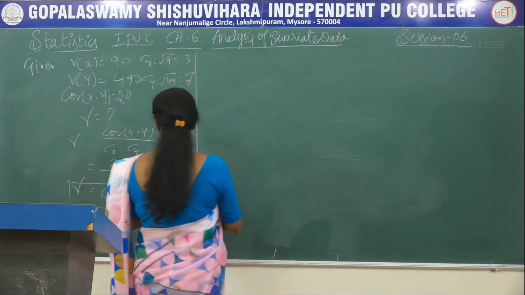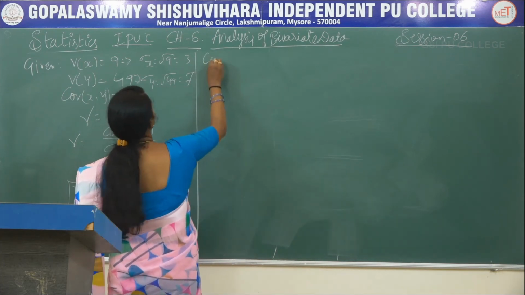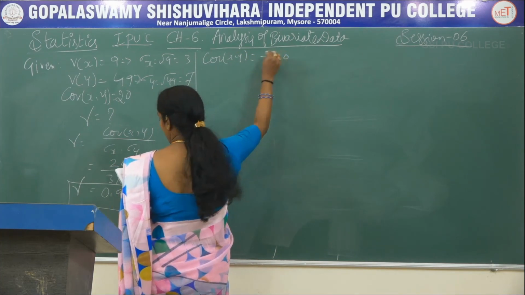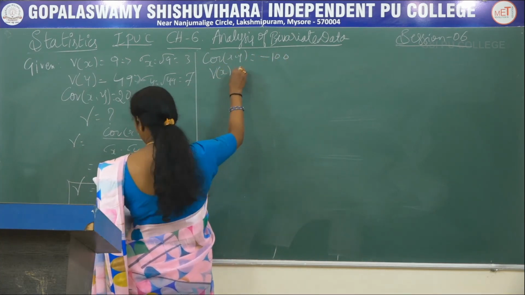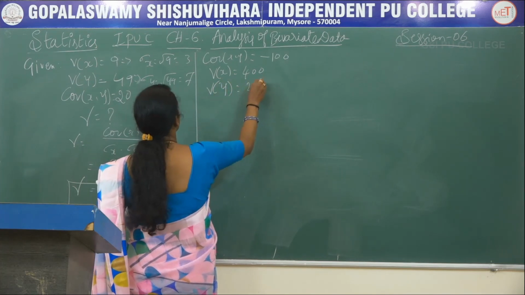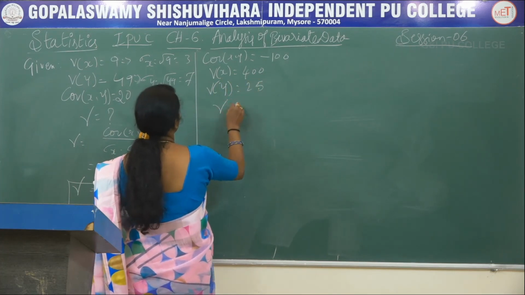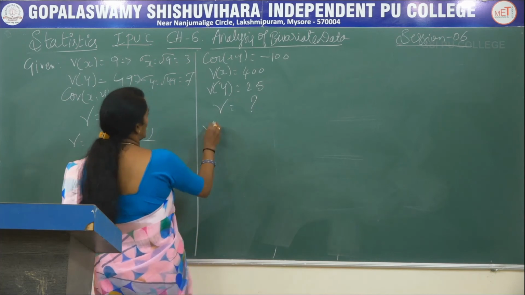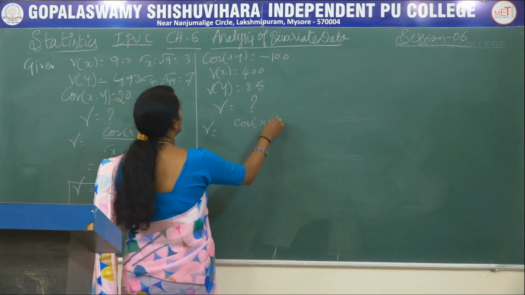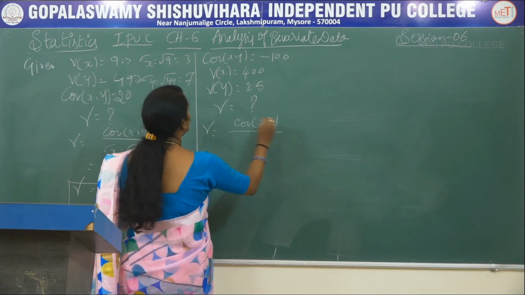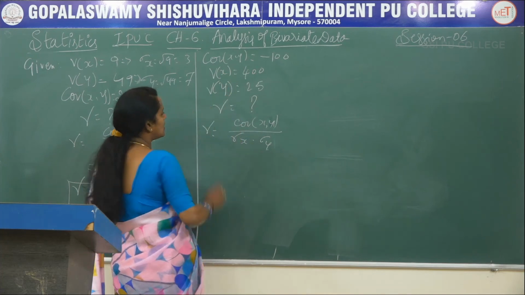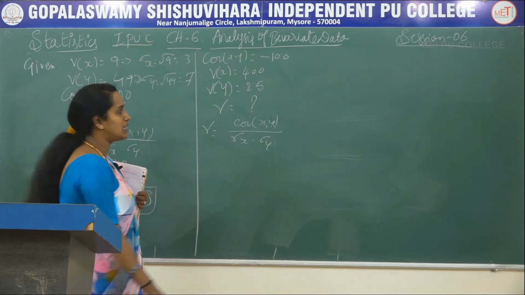Next one. Here they have given the covariance of x comma y as minus 100, variance of x is equal to 400, and variance of y is equal to 25. We have to find the r value. So r is equal to covariance of x comma y divided by sigma x into sigma y. Here they have given the variance, so we have to find the standard deviation.